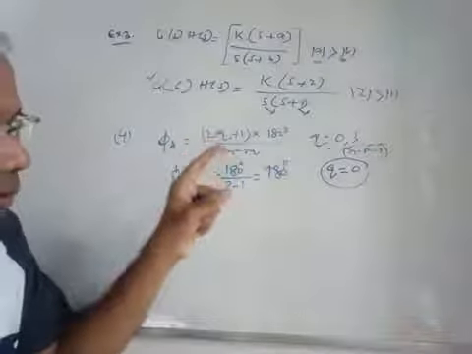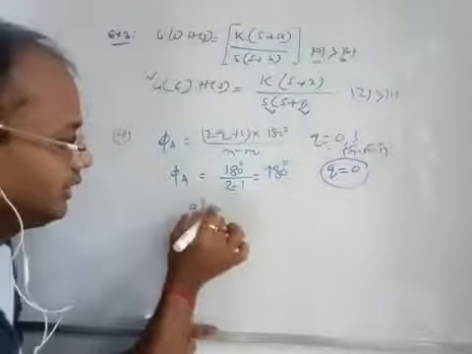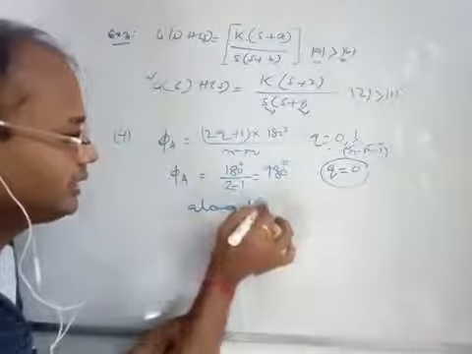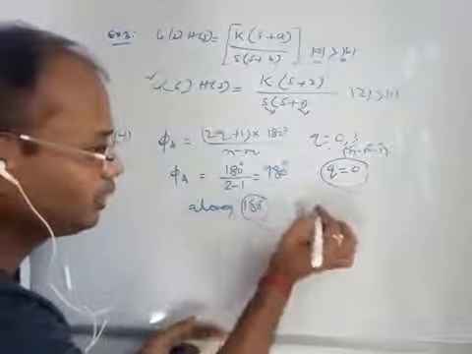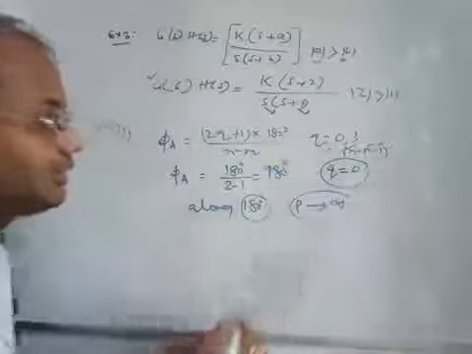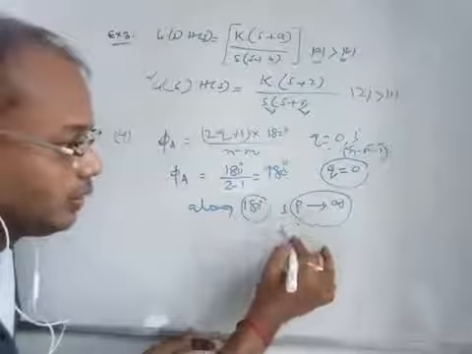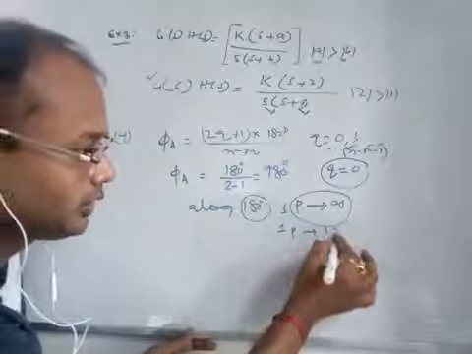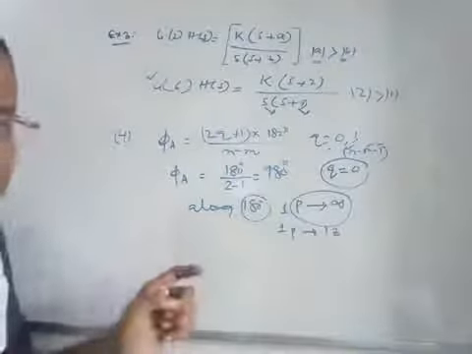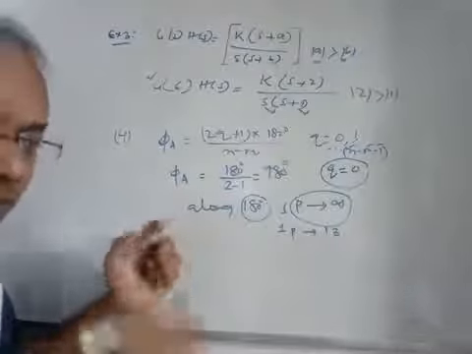And what is the purpose of this asymptote? Along 180 degree line, one pole will go to infinity and another pole will go to 0. So that is the path we will find out from the graph itself.